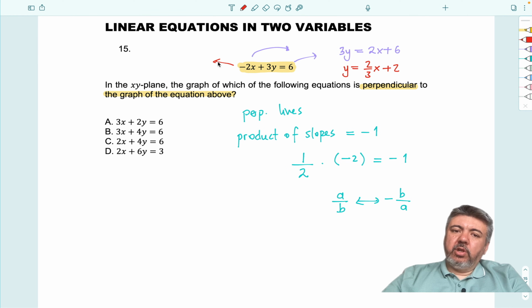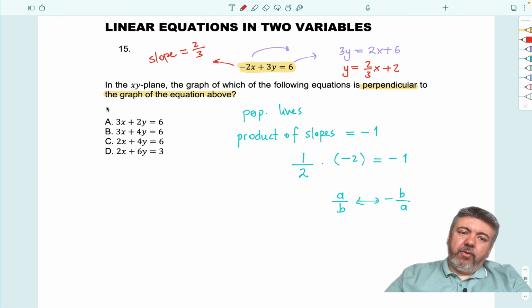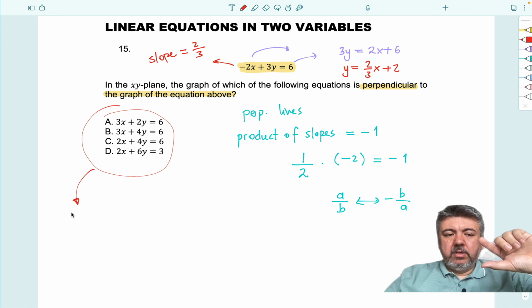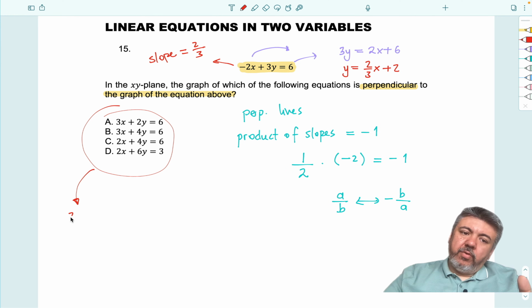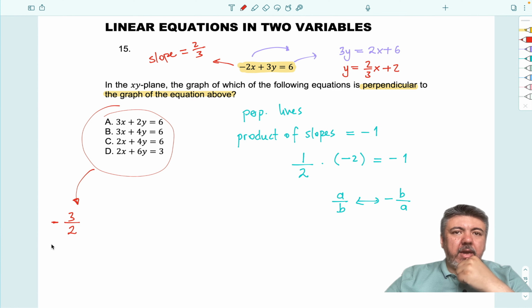So the slope of this line is 2/3. So my slope should be, okay, not 2/3, but 3/2 with a negative sign before it. Okay, that's good. So which slope is negative 3 over 2?